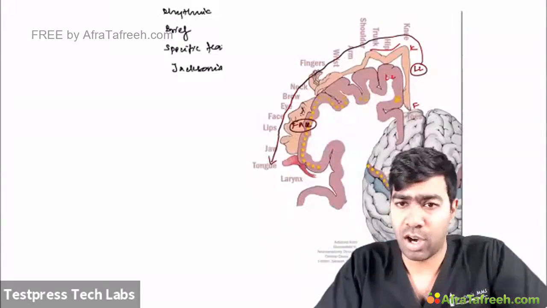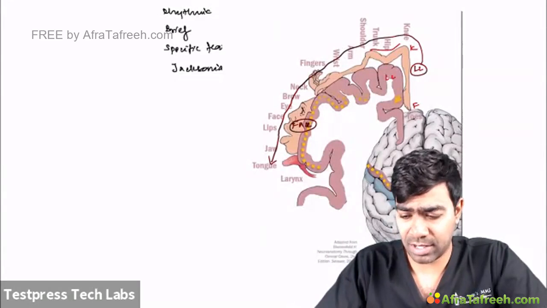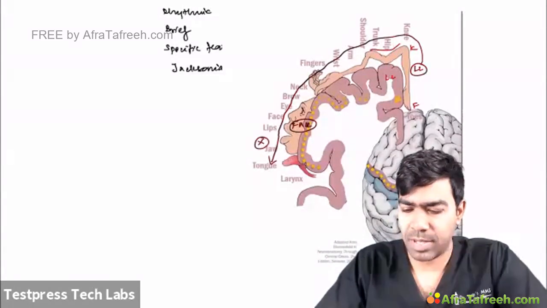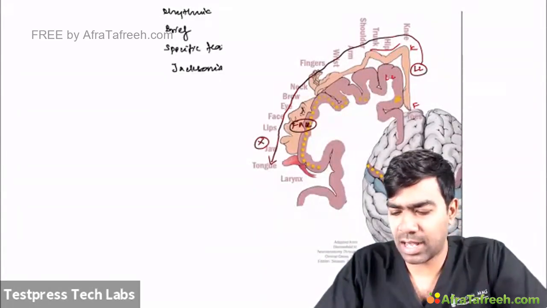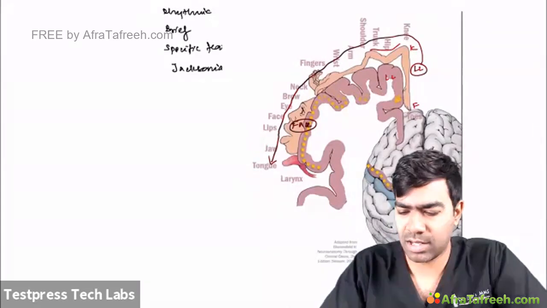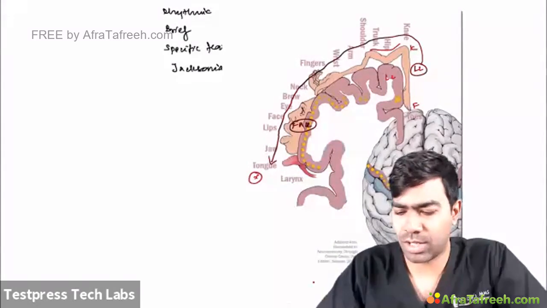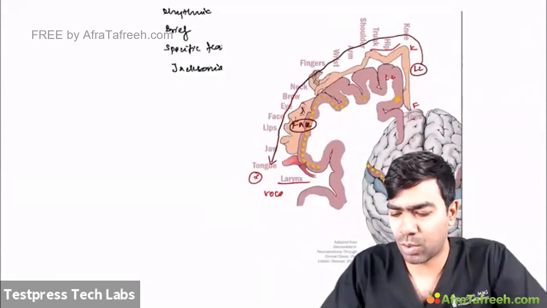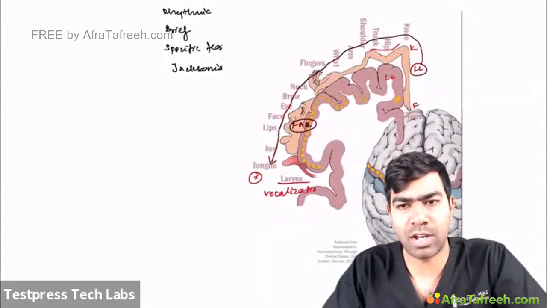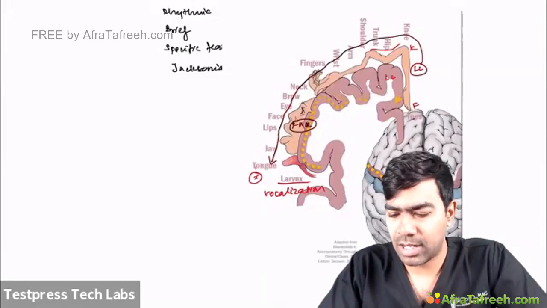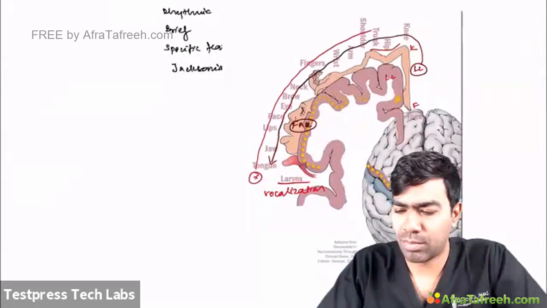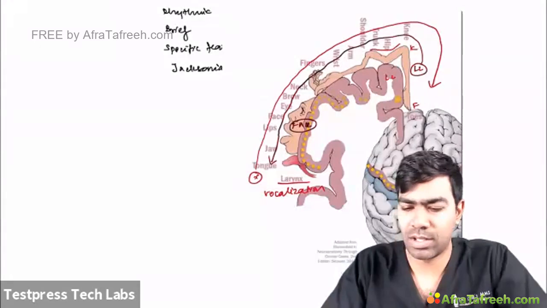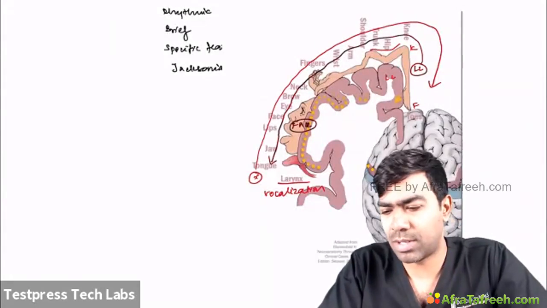A seizure can also start in the reverse direction. For example, it can begin in the tongue and the larynx, which are the usual first sites. That is what we refer to as vocalization. They can cry, they can make a sound. So it starts there, then slowly it can move to involve the upper limbs and lower limbs.